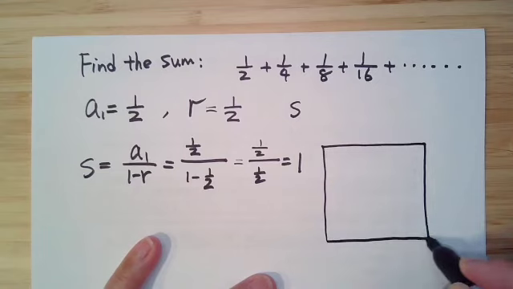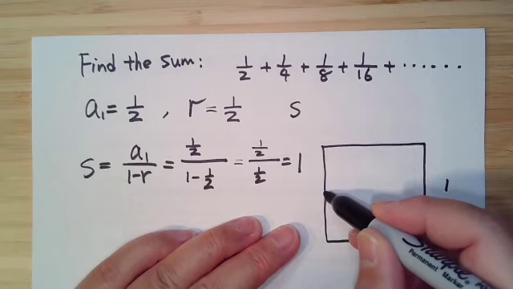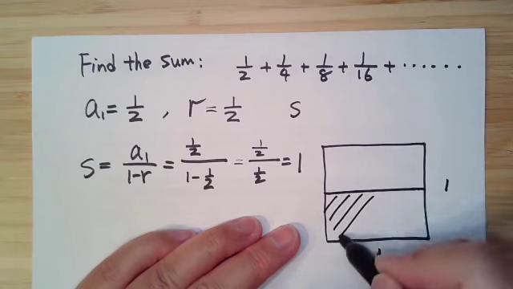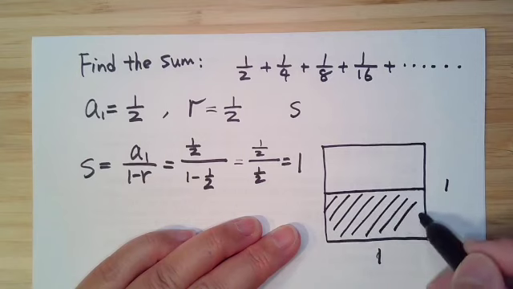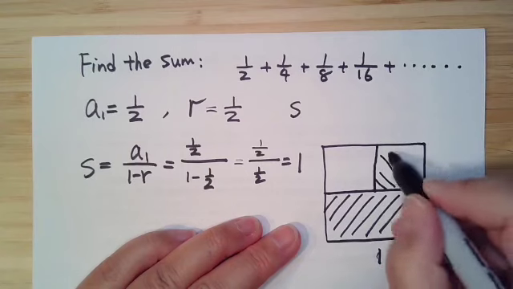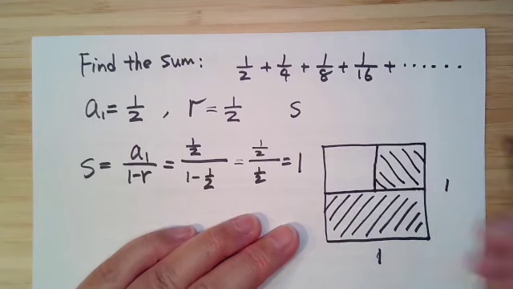Okay, this is a perfect square that has the side length of 1, and the first 1/2 is this area, because the whole thing has the area 1, right? So this is 1/2. And the second term, 1/4, isn't it?